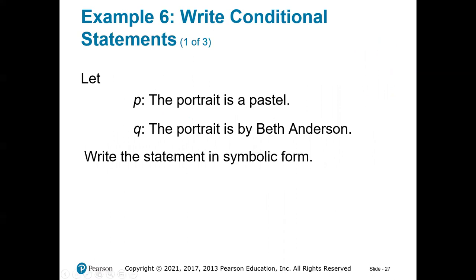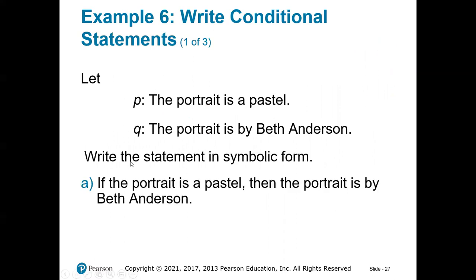So let me translate this. We have to play the same game we did before. We are going to translate this into symbols, writing the statement in symbolic form. Here is the statement: if the portrait is a pastel, then the portrait is by Beth Anderson. As you can see, we need to pay attention to the words if, then.